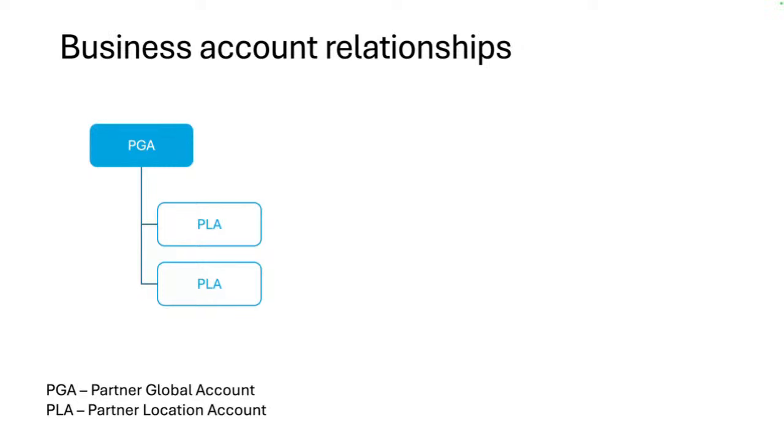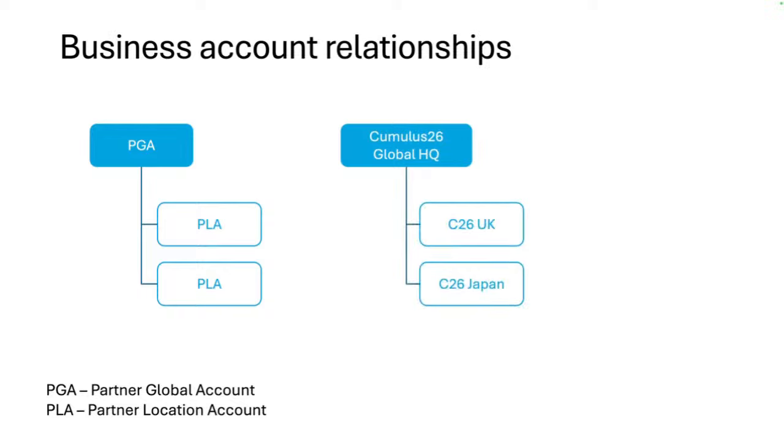Well, if we look at this through the lens of Cumulus 26, maybe we've got the Cumulus 26 Global Headquarters PGA account. And underneath that, we may very well have two subsidiary accounts for our partner locations. That is to say, we may have a partner location in the United Kingdom and another one in Japan.